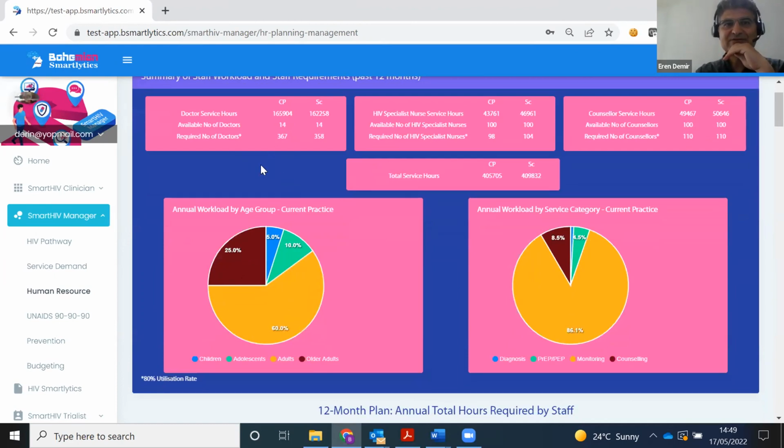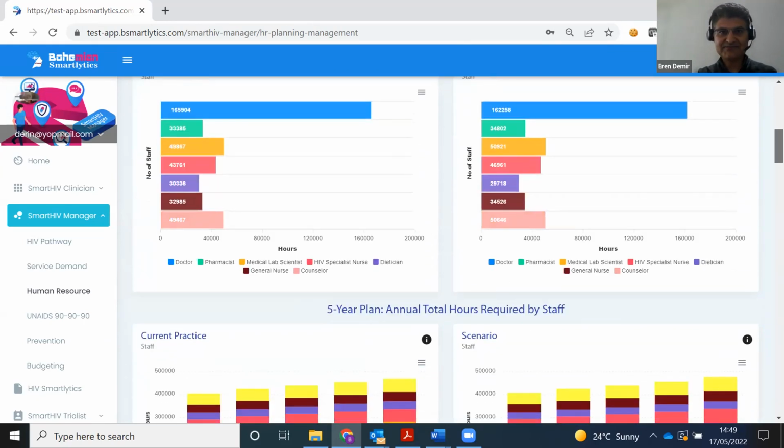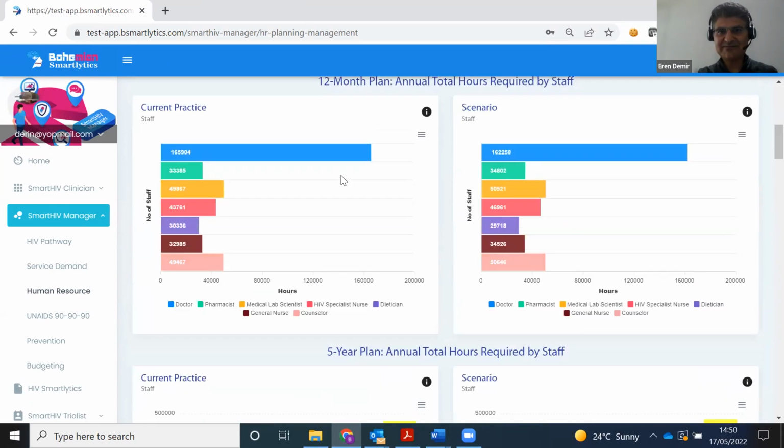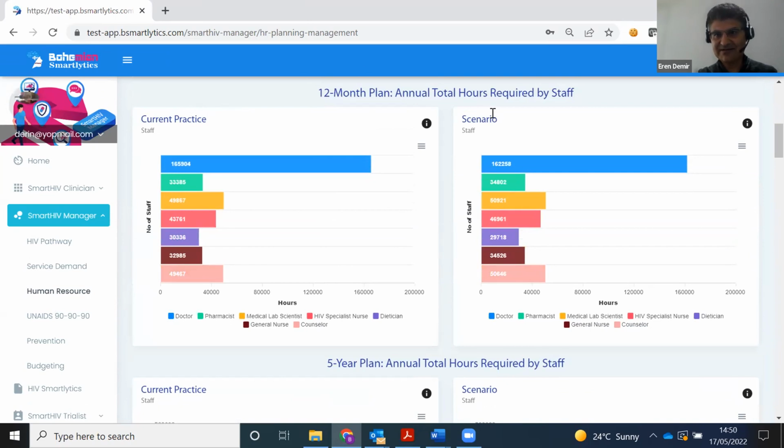It shows available number of doctors against the required number of doctors. Let's not forget, this might change because the input parameters for Swaziland are not the same as other countries. But we're able to pinpoint the exact number of staff, doctors, nurses, counselors. And the detail is here: how many hours of each of these staff would be working over the next 12 months, comparing current practice against the scenario.